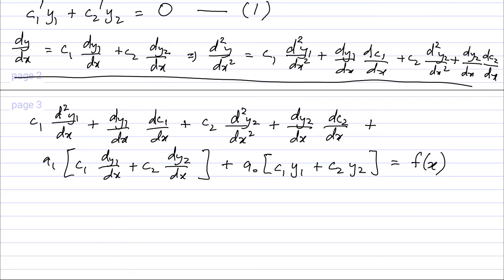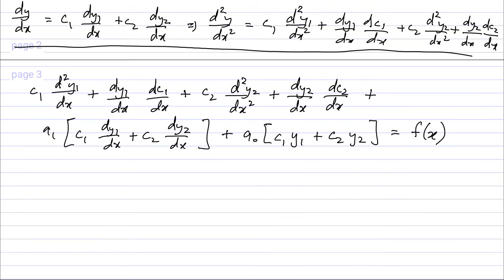Fine, this is a horrible mess. But it's not that horrible, because you can group terms that contain y1 and you can group terms that contain y2. So let's group terms that contain only c1, and let's group terms that contain only c2. Not the derivative of c1, not the derivative of c2. That's actually what leads to the simplification.